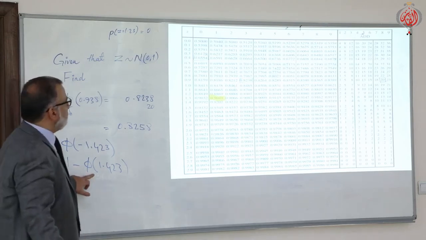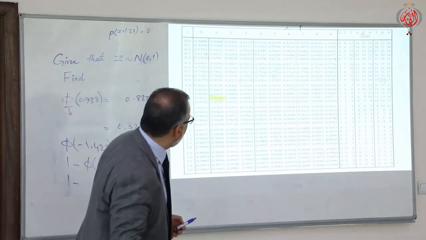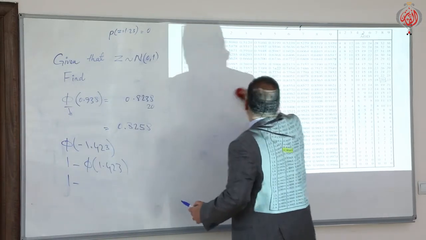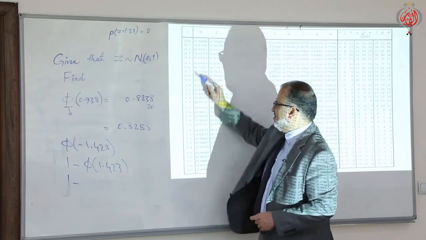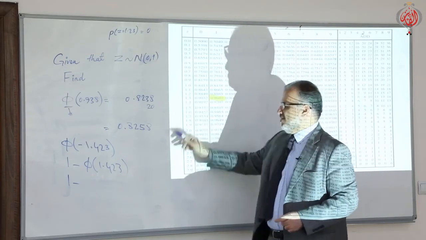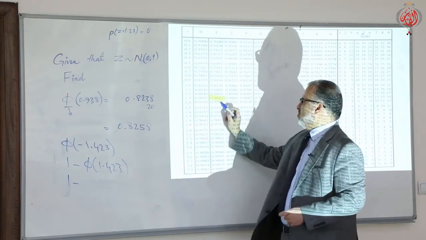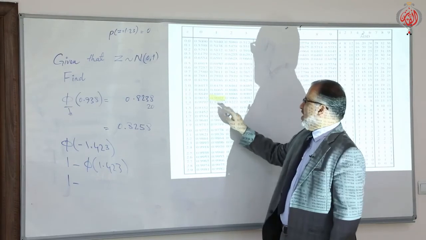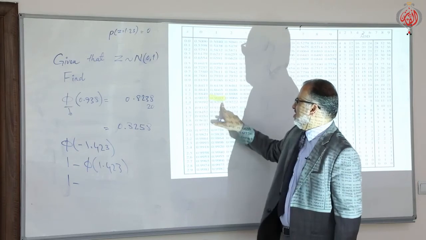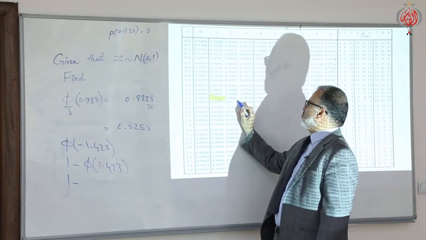And here, 1 minus. How to find that? 1.4. Okay, what is 1.4 now? 1.4. Then 2. You have to go to 2. This is 1.42. I'm sorry. This is 1. Here 2.